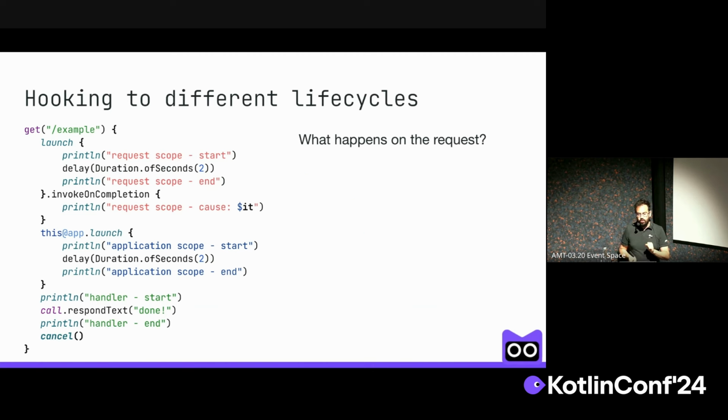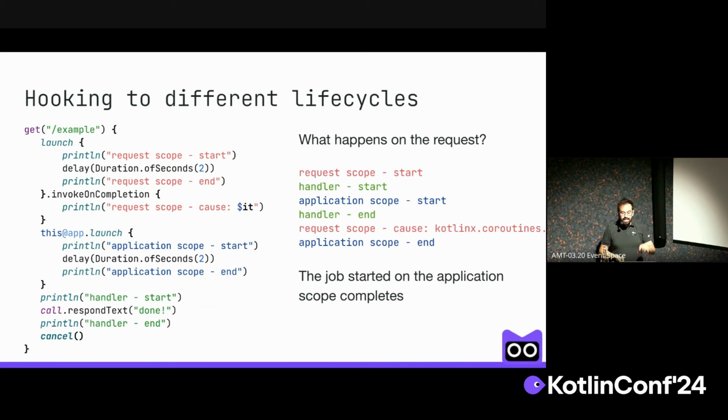And how we can do it is by actually calling cancel. So if I call cancel in a CoroutineScope, that means I want to cancel the CoroutineScope where I'm calling this thing. So in this case, what happens is that the handler starts, done, and end is going to be very fast, less than 2 seconds. Actually, the request scope end is not going to be printed because we are canceling this.